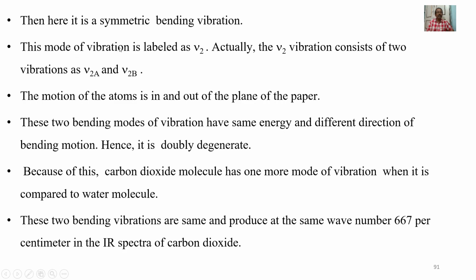Here it is doubly degenerate. Because of this, the carbon dioxide molecule has one more mode of vibration when compared to the water molecule. These two bending vibrations are produced at the same wave number, 667 per centimeter, in the IR spectra of carbon dioxide. So this is doubly degenerate and they have the same energy, same wave number, 667 centimeter to the power minus 1.